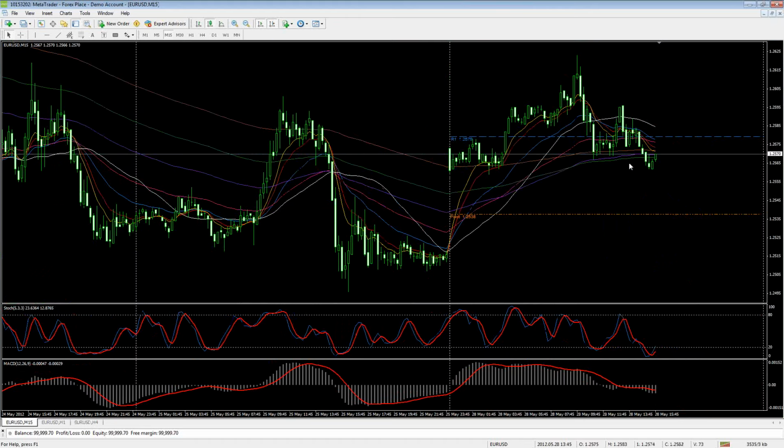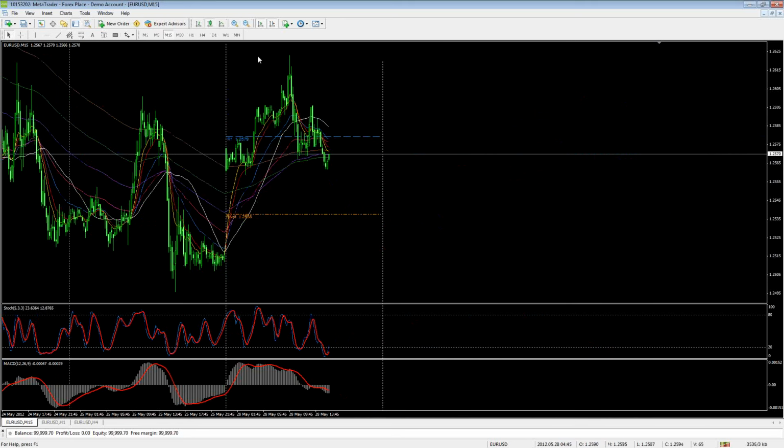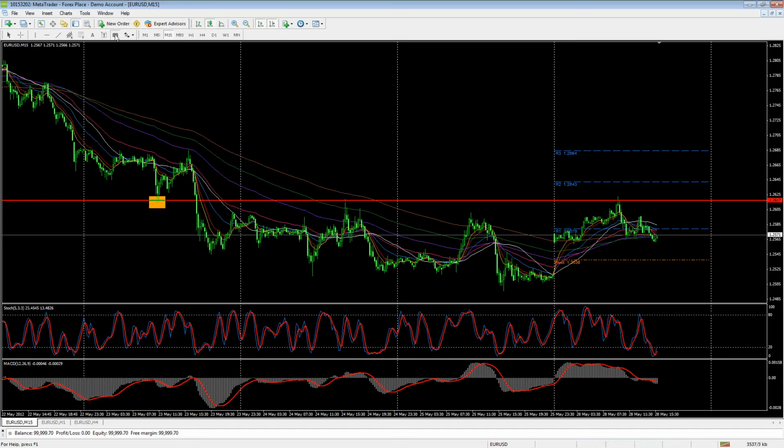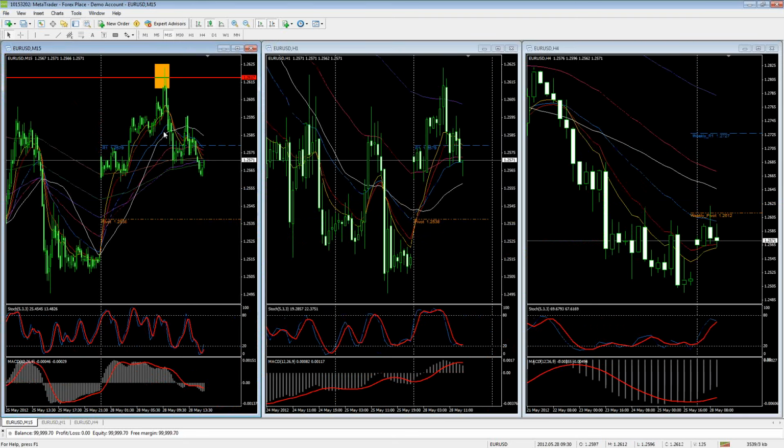Okay, so basically the 15-minute chart, all it gives me here is maybe a resistance signal around here. Okay, we have support, we have resistance, and again resistance here. Okay, the moving averages are here, only for support.